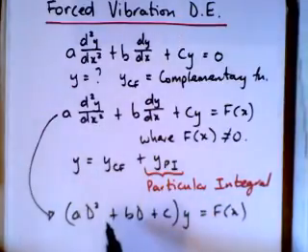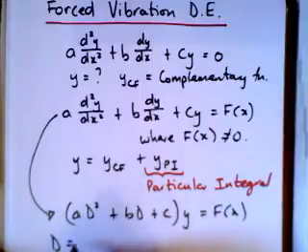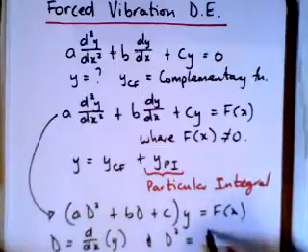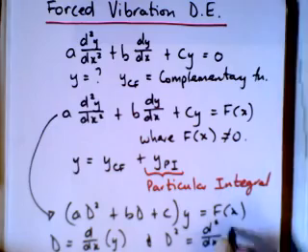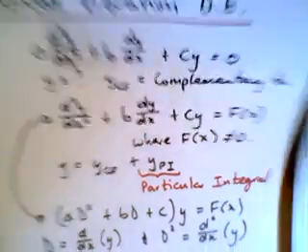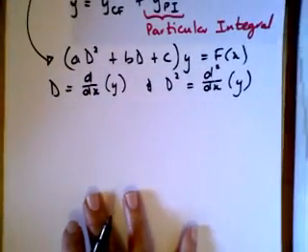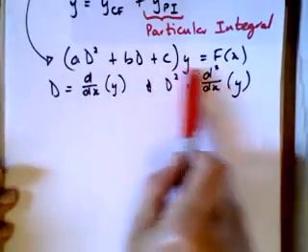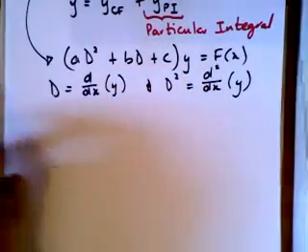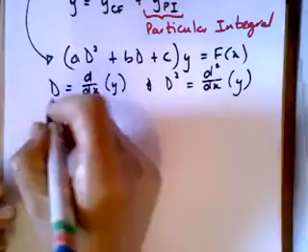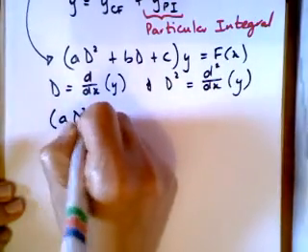And we remember in D operator notation, the big D stands for d/dx of y, and D² is just the second derivative of y. Now, your solution for y in your forced system is going to be made up of two parts, as I said before.